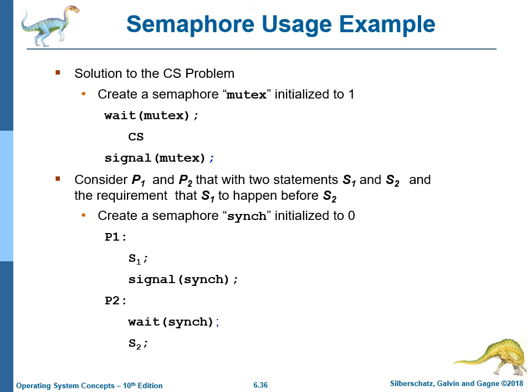So we can implement this scheme readily by letting P1 and P2 share a common semaphore sync, initialized to 0. So in the process P1, after S1 kita insert the statement signal(sync), and then in P2 kita ada wait(sync). So apa yang perubahan pada signal sync ni akan diterima dekat wait sync.